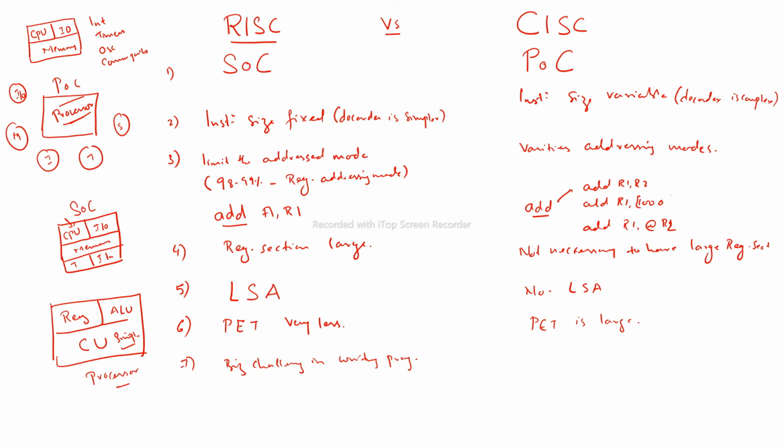If you want to add the contents of two memory locations, then a direct instruction is not available in the reduced instruction set, because the content should be available in the register, but here the contents are available in memory. Then you first have to load those contents from the memory into the registers, and then perform the addition operation. So for a programmer it is a big challenge in writing a program.